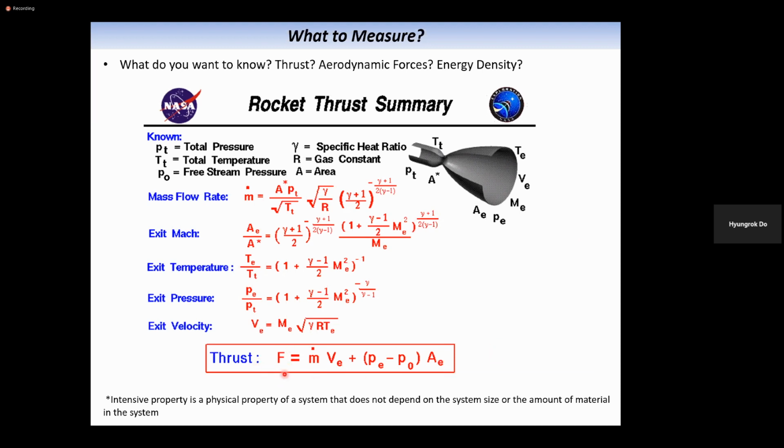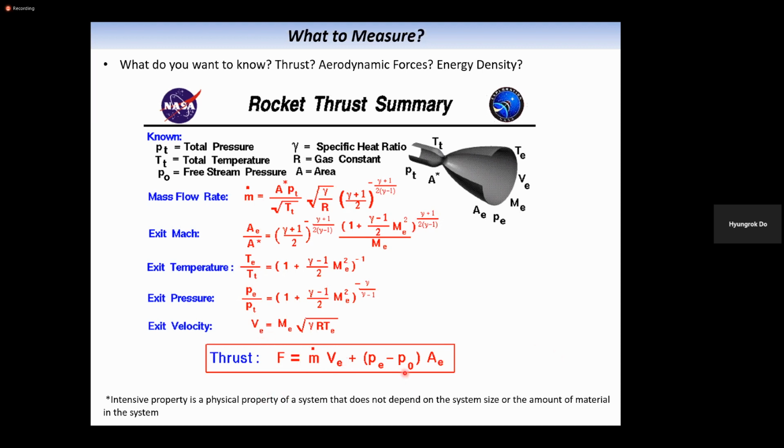So force, that is thrust, can be estimated with the mass flow rate, m dot, and the velocity of the flow at the exit, VE, and the exit pressure and surrounding pressure and the area of the exit. Okay, that's what you need to measure for estimating the thrust.